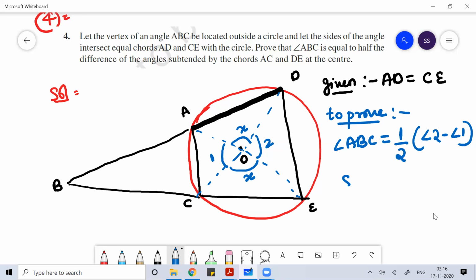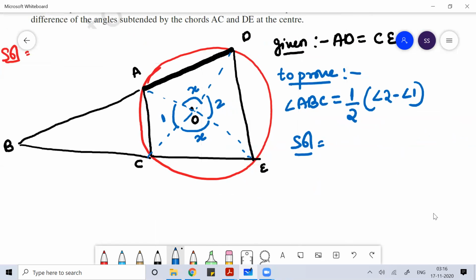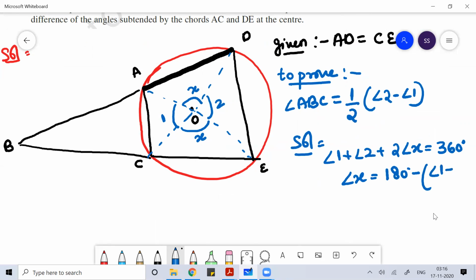Okay, to solve this, you can see that angle 1 plus angle 2 plus 2 times angle x is equal to 360 degrees. So angle x is equal to 180 degrees minus half of angle 1 plus angle 2.